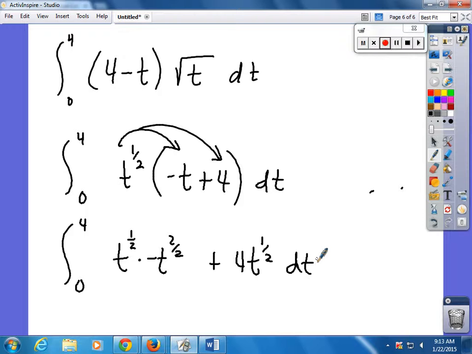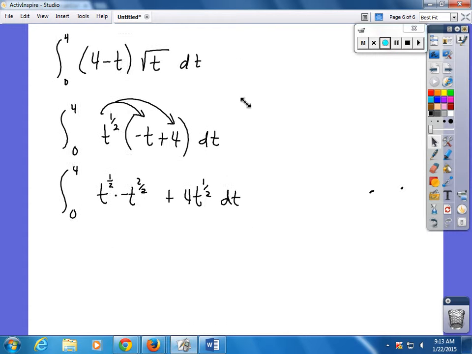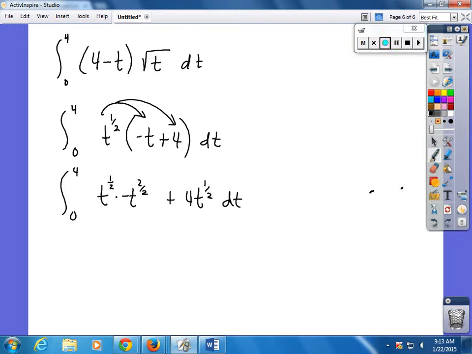So that would be negative t. I know y'all are impressed. All right, 0 to 4 of negative t to the 3/2 plus 4t to the 1/2 dt. And now you're ready to do the antiderivative.